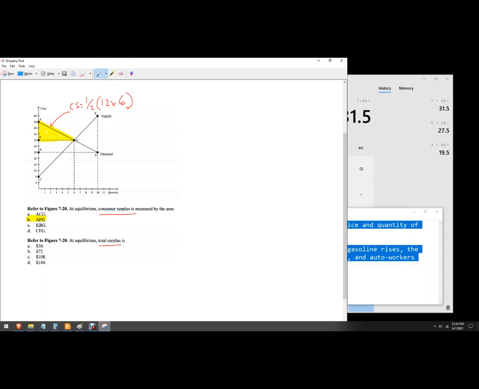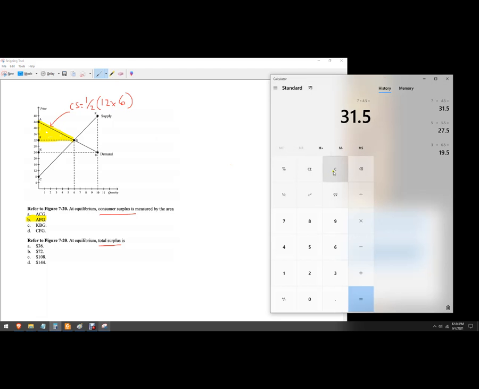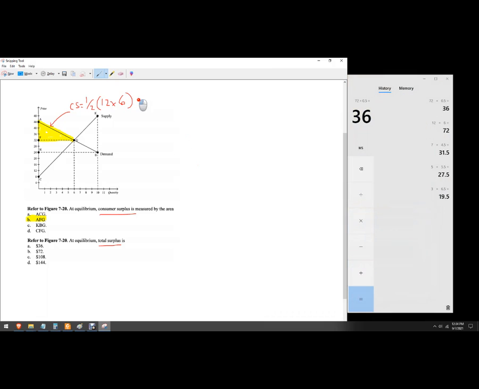Okay, and 12 times 6 I think is 72. Let's see if I've spent too much time in the sun today. 12 times 6 is 72. And then half of 72, whoops, 72 times 0.5 is 36. Okay, so 36 is the consumer surplus, and it's the area of that triangle right there.